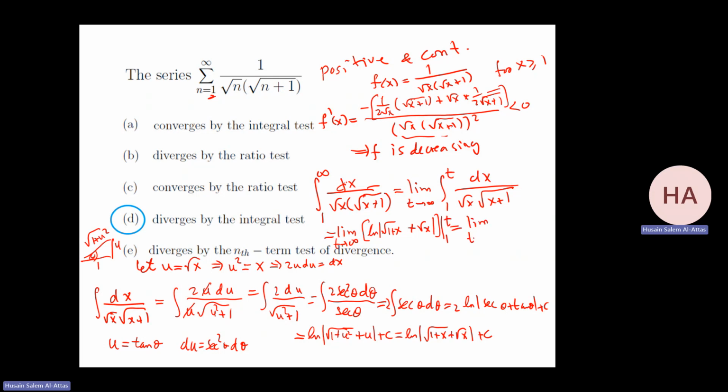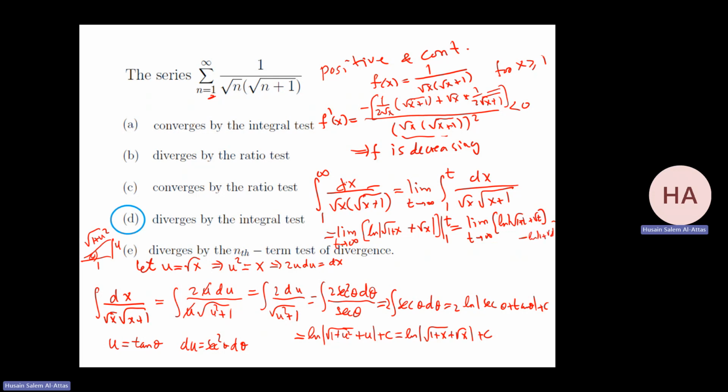And that will be the limit as t goes to infinity of ln of square root of 1 plus t plus square root of t, minus ln of square root of 1 plus 1, that's square root of 2 plus 1, minus ln of a number which is 1 plus square root of 2.